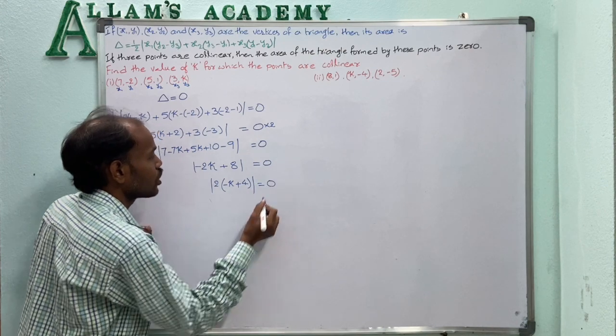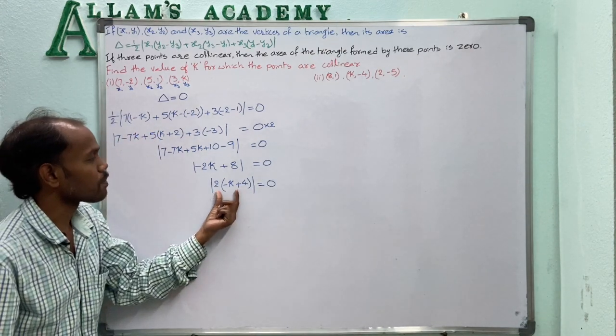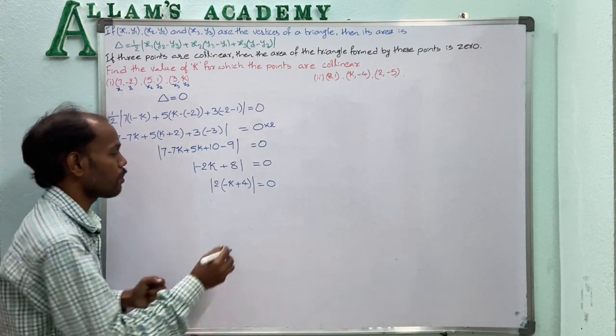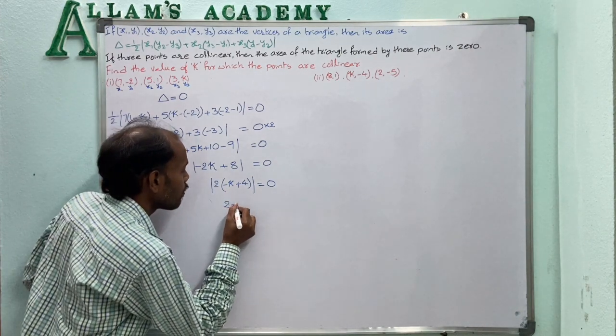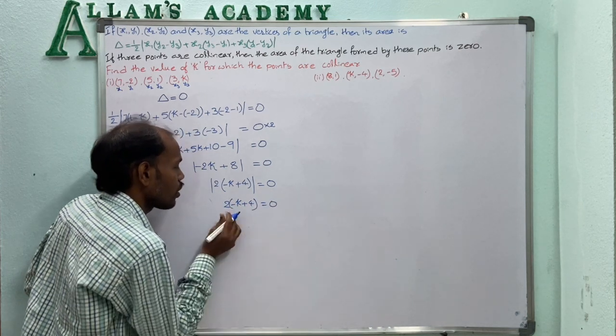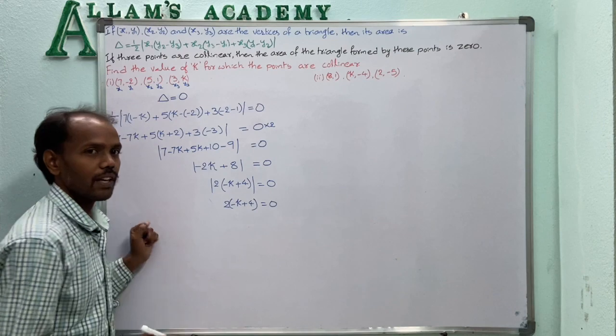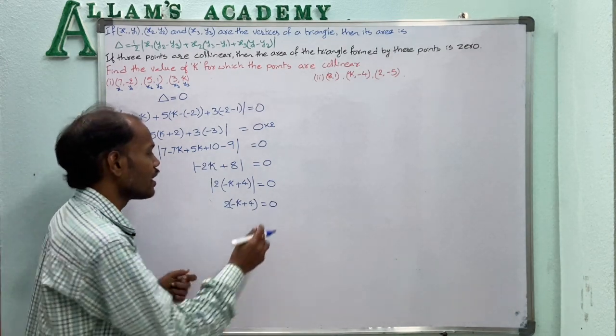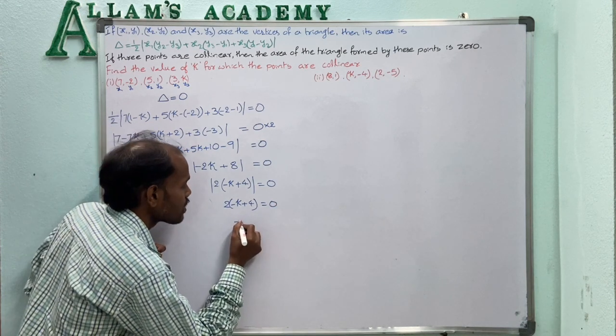is equal to 0. Now this mod value may be positive or negative, we are taking positive only. So 2 into minus k plus 4 is equal to 0. So that 2 is multiplying with minus k plus 4, so it transfers to the RHS as division. 0 by 2 is nothing but 0 only.